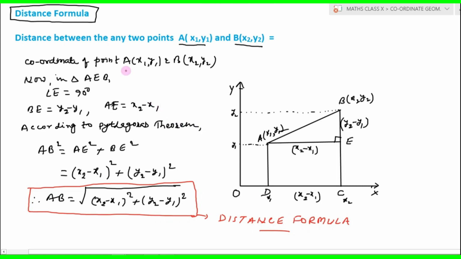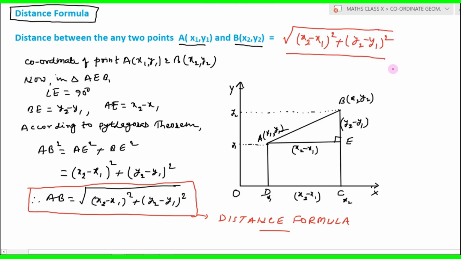So here at the top we can write: the distance between any 2 points A (x1, y1) and B (x2, y2) is the square root of (x2 minus x1) whole square plus (y2 minus y1) whole square. So this is the distance formula.